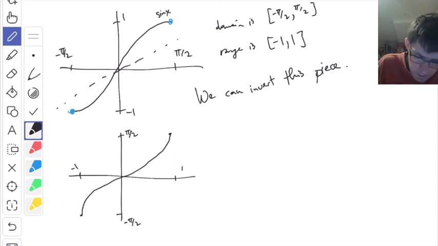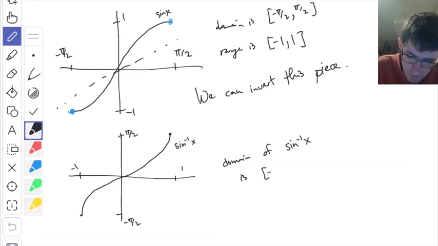This is called the inverse sine of x, or the arc sine. Its domain is minus 1 to 1. If you have your calculator with you, you can try this button. If you plug in 2, you'll get an error, because there is no such thing as inverse sine of 2. It's only from minus 1 to 1.